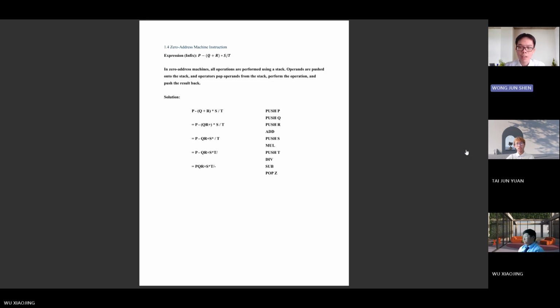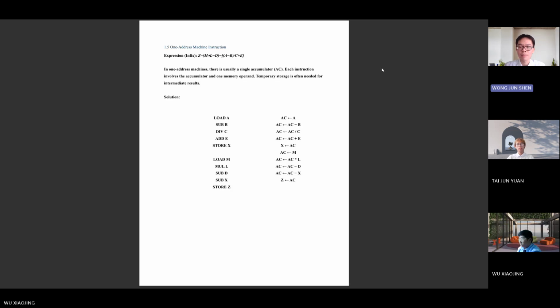When we need to calculate, like adding Q and R, we just use the instruction add. The machine automatically takes the top two numbers, adds them, and puts the result back. Finally, we pop the result into Z. That's all my part. And I want to pass to the next member, Xiaojing.